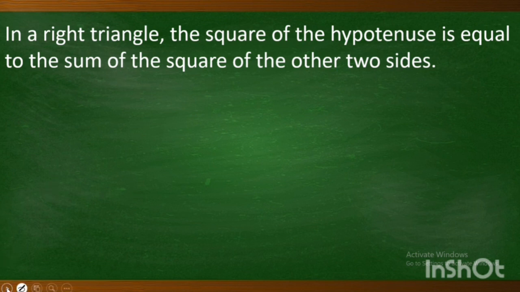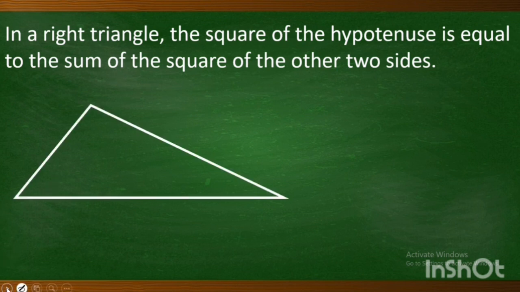So first let us draw the diagram. This is a triangle ABC right angled at B. I hope you can see this triangle right angled at B. If it is right angled at B, which is the hypotenuse? AC, the side opposite to it.